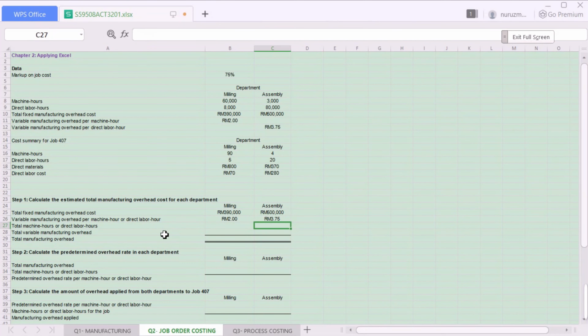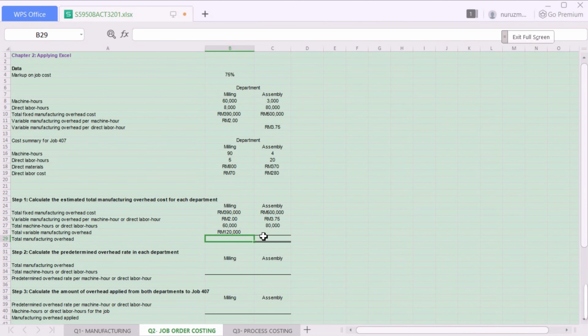Total machine hours for milling is 60,000 and assembly 80,000 direct labor hours. Total variable manufacturing overhead for milling is RM2 per machine hour multiplied by total machine hours 60,000 equals 120,000.